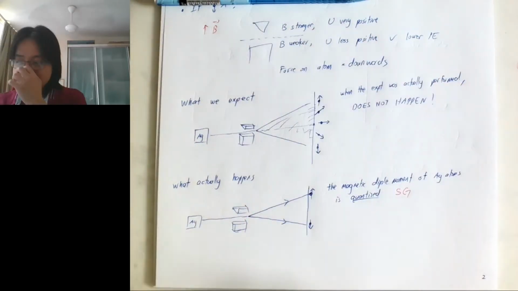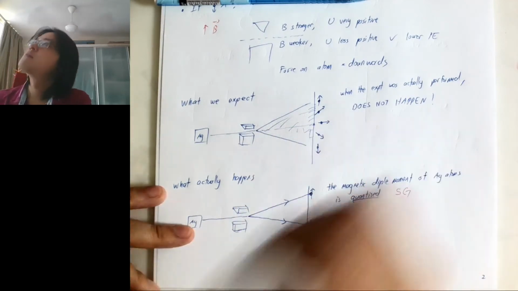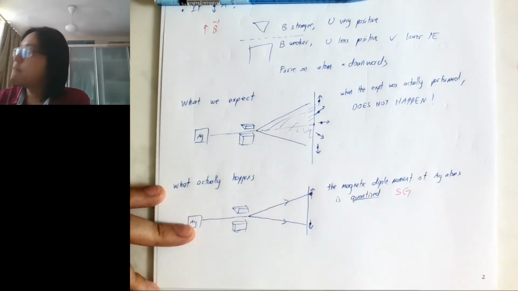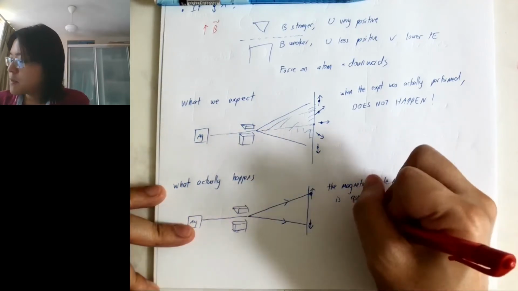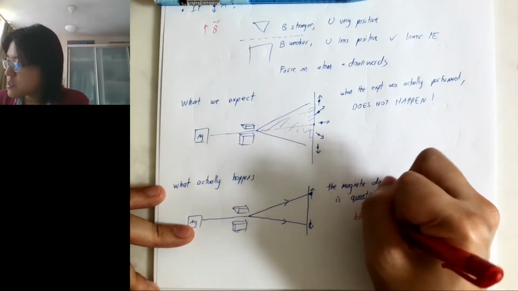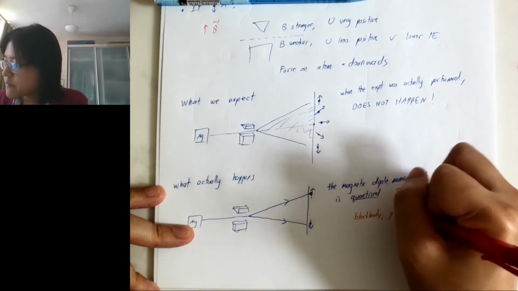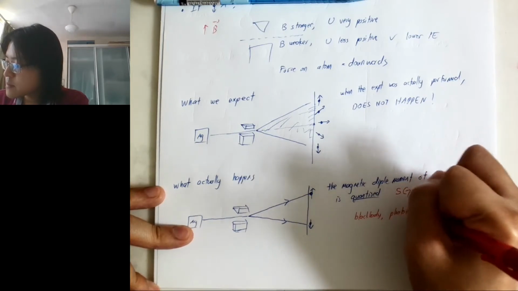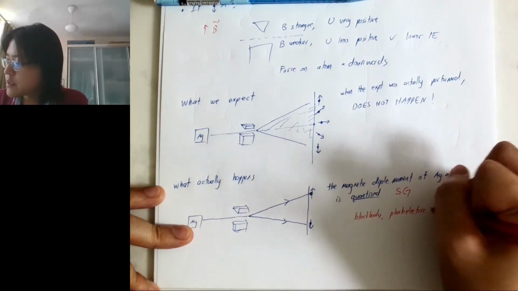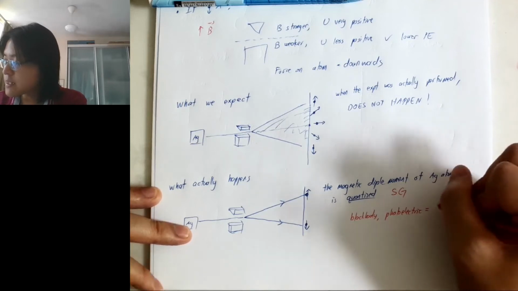Just for historical context, we look at the black body radiation and the photoelectric effect, which tell us that photons are quantized.